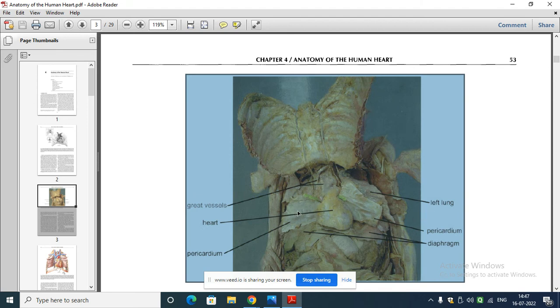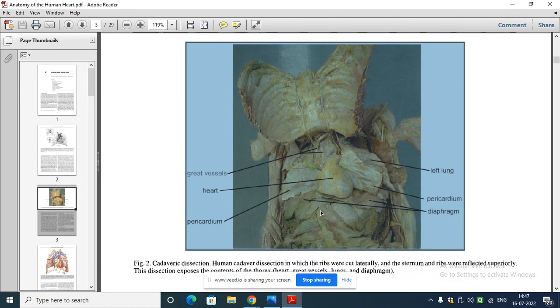In this image, here is the pericardium, but there is no right lung. Only the left lung is here, and the diaphragm also is here. Here is the stomach. Here is not the liver. Okay, and this is the rib cage and the heart.